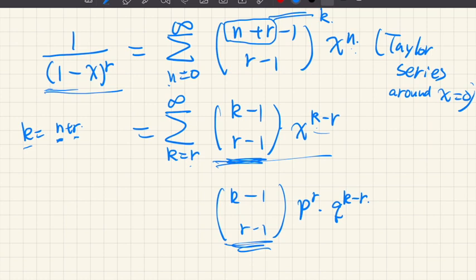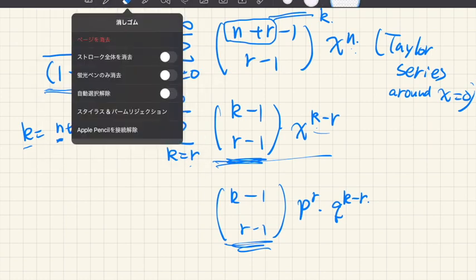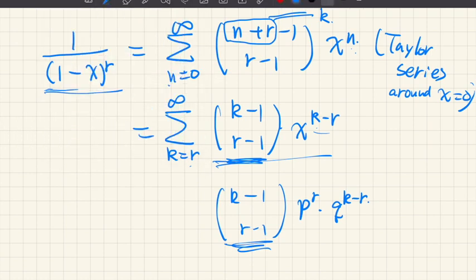Just in case you don't get it, negative appears here because this thing is 1 minus x to the power of negative r, right? So this is, so to speak, a negative binomial theorem.